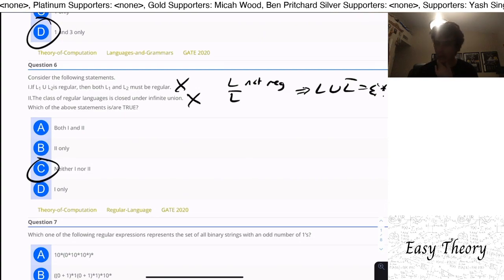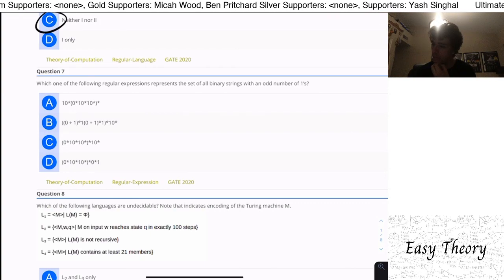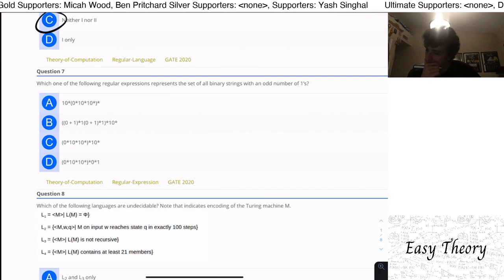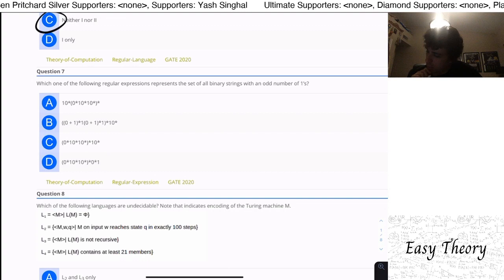Which of the following regular expressions represents the set of all binary strings with an odd number of ones? So let's see. With an odd number of ones.